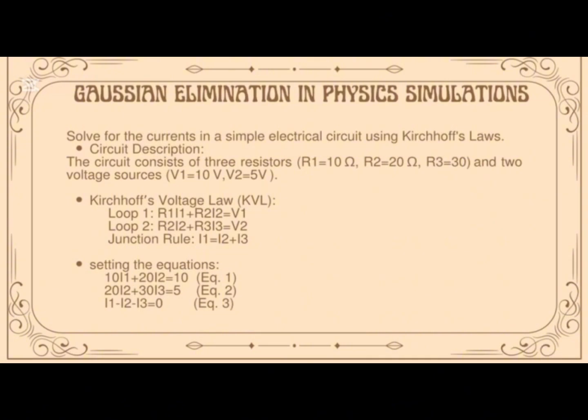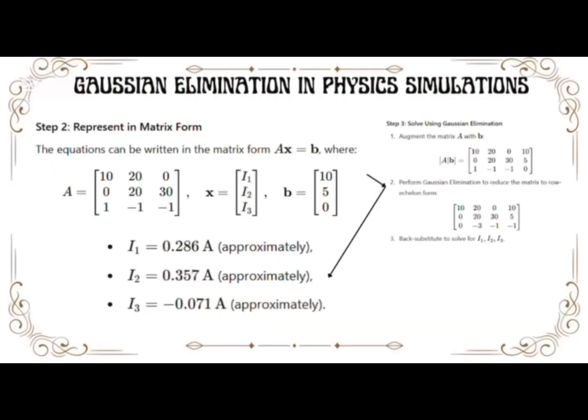And the third equation will be, according to Kirchhoff's current law, I1 equals I2 plus I3. We turned our three equations into an augmented matrix and then solved it by using Gauss elimination, and we get the values of I1 and I2 and I3.